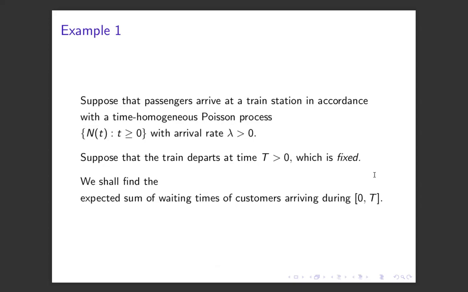So we want to find the expected sum of waiting times of customers arriving during 0 to capital T. If, let's say, the train departs at 11 o'clock in the morning, generally people start arriving from, let's say, 9 o'clock. At airports, we know that one has to report 2 hours in advance and so on. So you can say something like that.